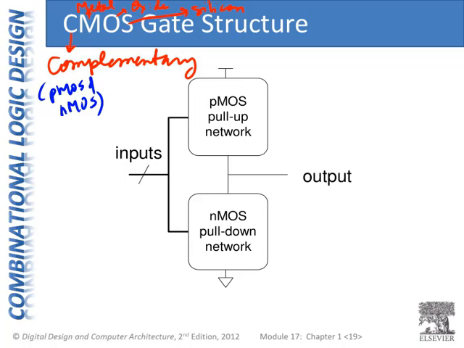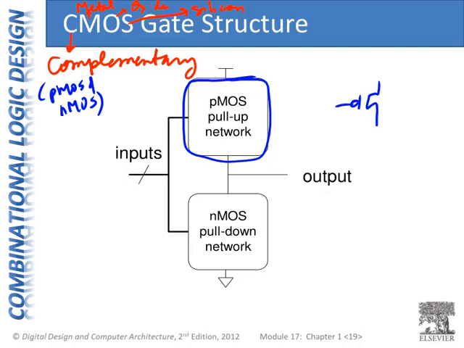So our CMOS gates always, always, always have a PMOS pull-up, so a pull-up network that has only PMOS transistors in it. So the only kind of transistors that you'll see in that pull-up network will have bubbles on their gates.